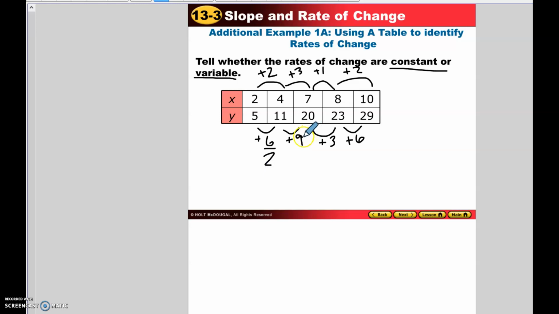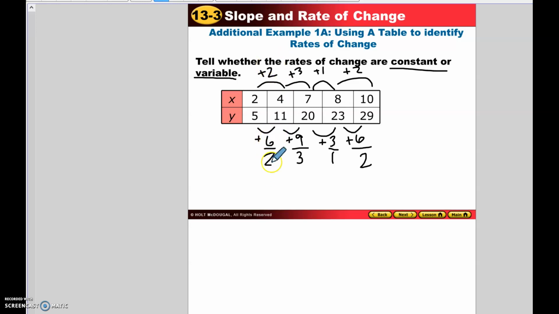The change in y is 9 over 3. This one will be 3 over 1. And then this will be 6 over 2. So we're not using the numbers that are in the table. I'm not doing 5 over 2, 11 over 4. I'm first figuring out how much it's going up by for x and then for y, and then I put that change over the change in x, okay?